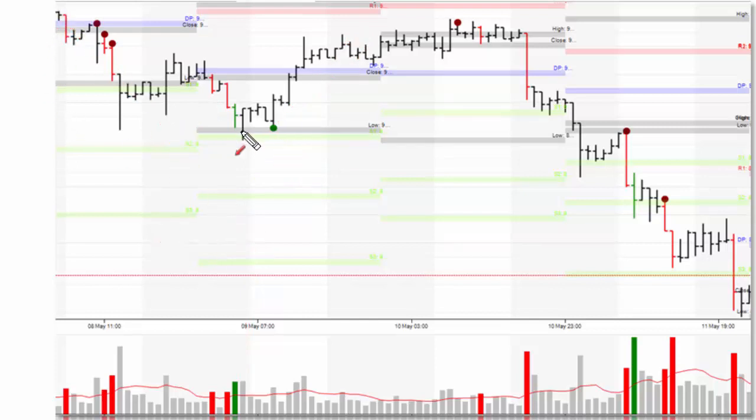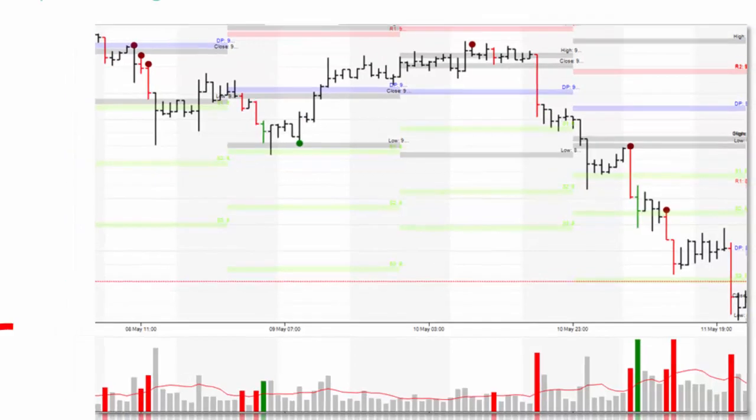Again, if you weren't aware of these types of price bars, you'd be sitting looking at this and you'd think, oh, right, we're about to break to the downside now because the market's come back and it's no demand. But then it does the opposite and moves back to the upside and then trades through the DP level as well. So this is why it's important to know why a market stops and what is actually stopping the market from moving lower as well.